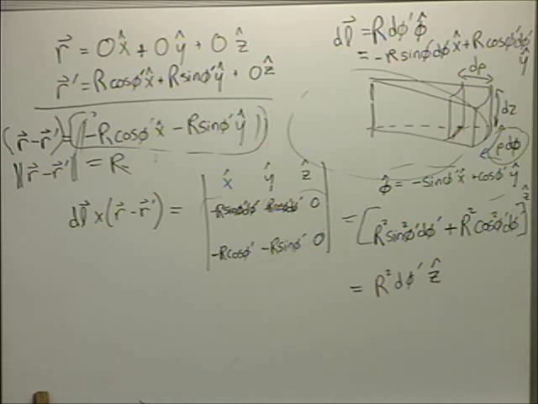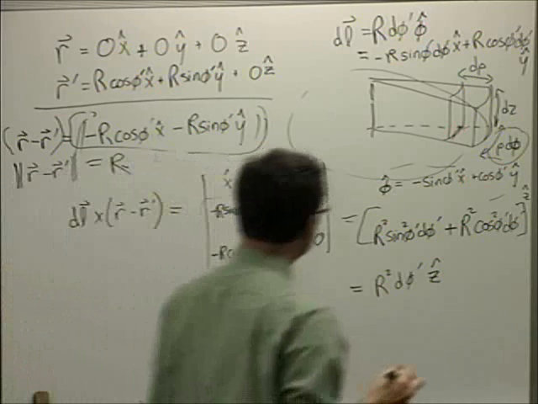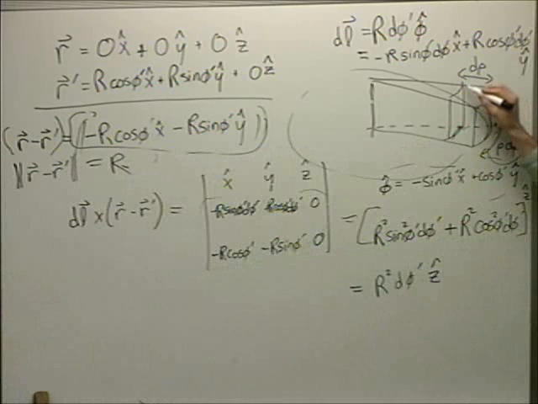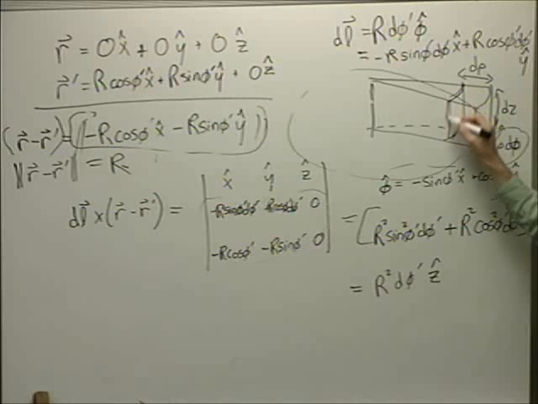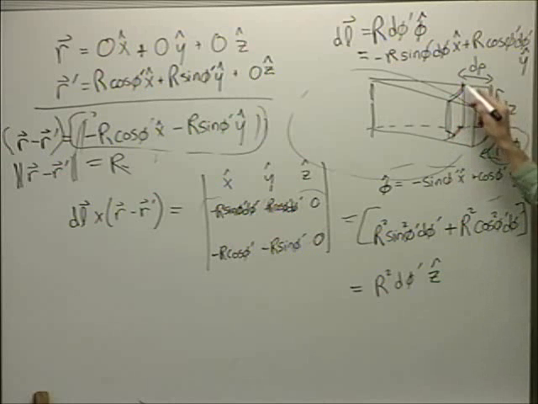Could you go back over how you found dl again when you drew out the little cheese shape thing? Yeah, sure. So in the first chapter of your book, they have these helpful diagrams. You've seen me draw these on the board before. If you want to integrate in the volume of cylindrical coordinates, you have to use all these elements: d rho, dz, rho d phi.